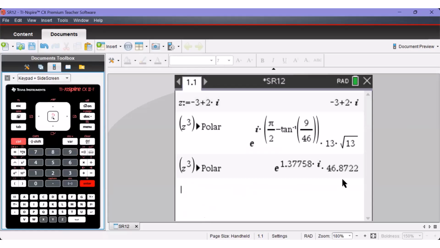What's really good is that it's already in the required form, particularly involving the required value for theta. So z cubed is 46.87 cis 1.38, correct to 2 decimal places.